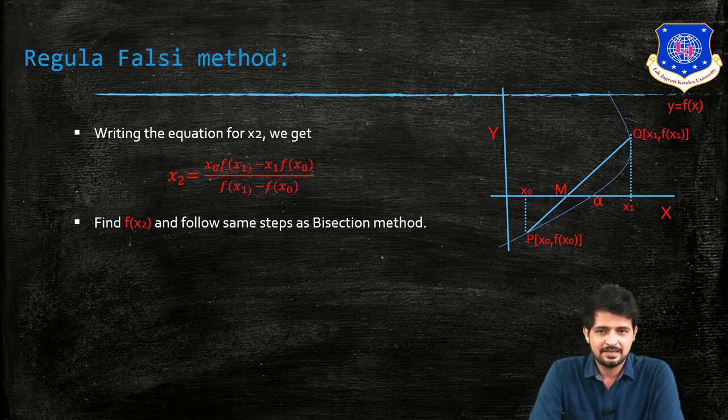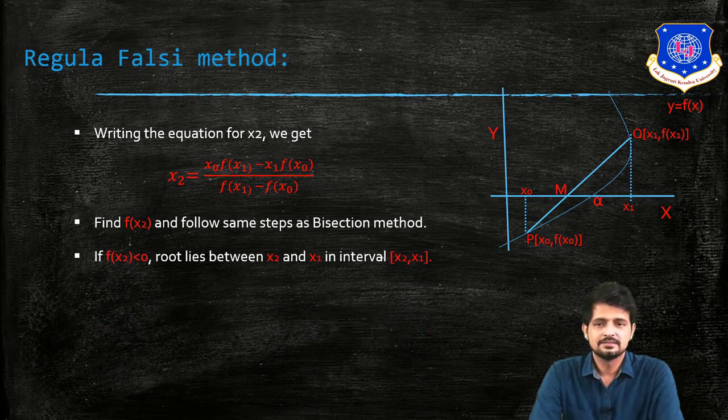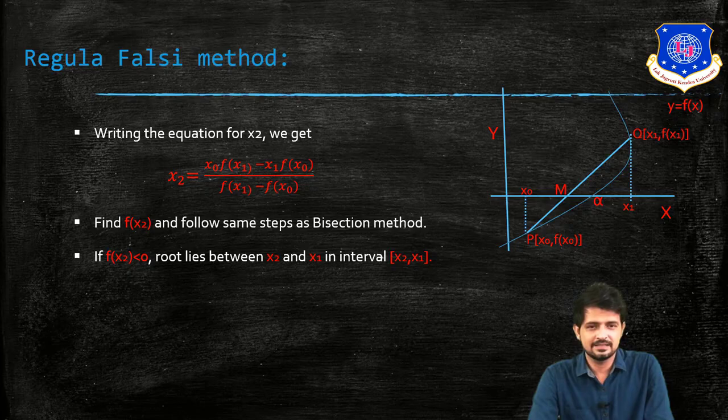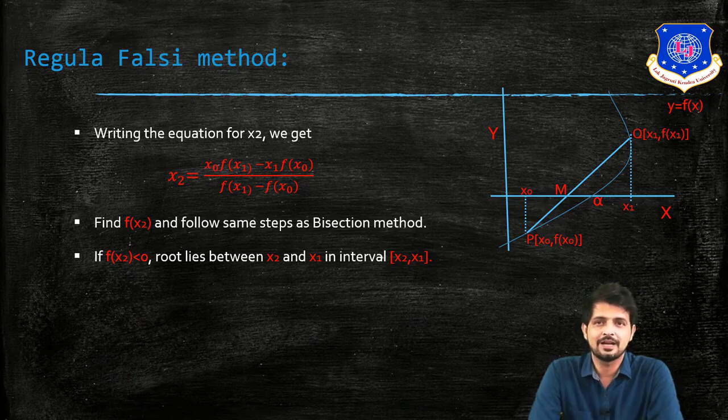Now what is our next step? The next step is similar to the bisection method. We have to find f of x2, and on the basis of f of x2 we have to decide in which interval our root lies. There are two possibilities: either f of x2 can be less than 0 or f of x2 can be greater than 0.